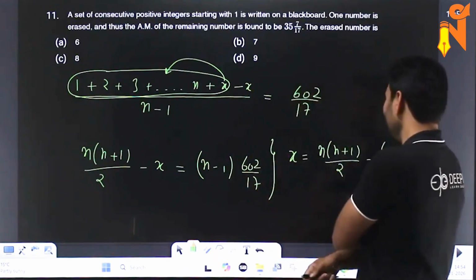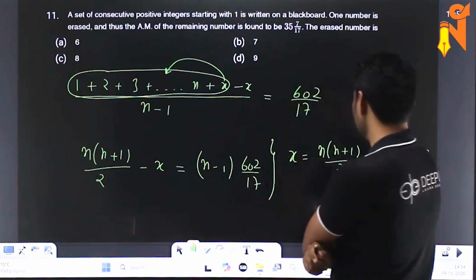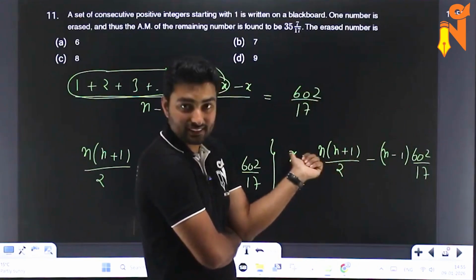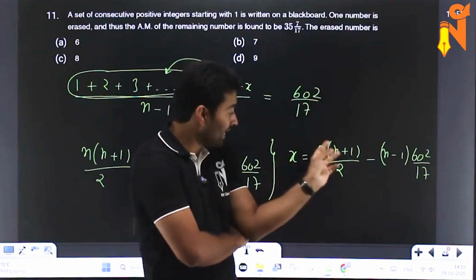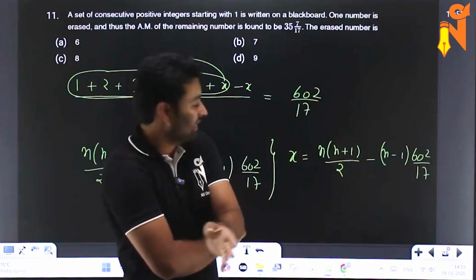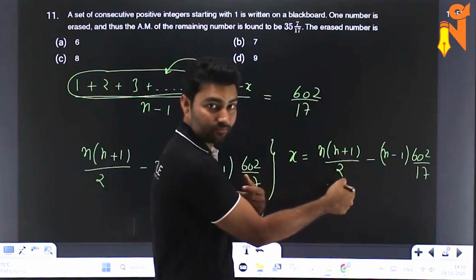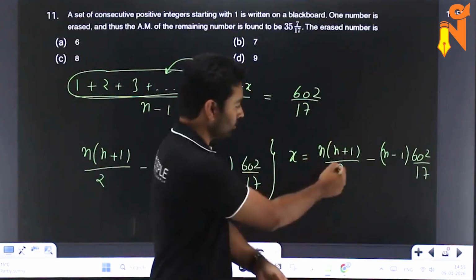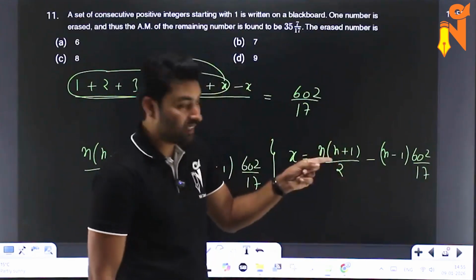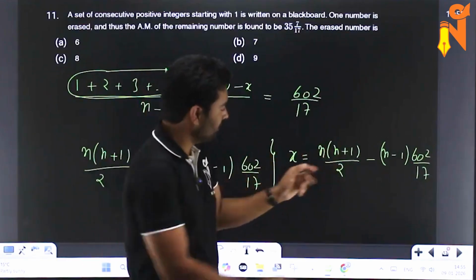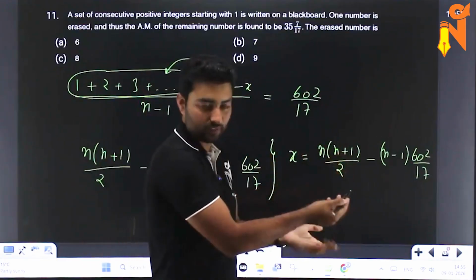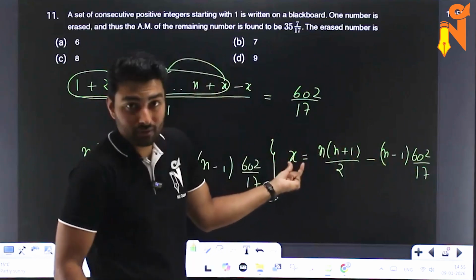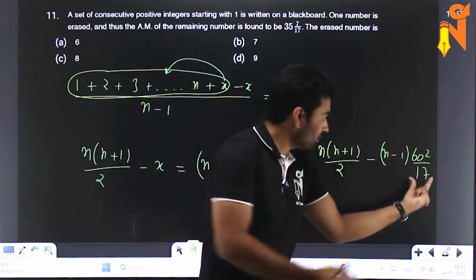Now, because x is also a natural number, you can say that this will not affect this x. Whether n is odd or even, this part will get cancelled always, because odd into even by 2 can be solved. Focus on this part: because x is a natural number, this should get cancelled.